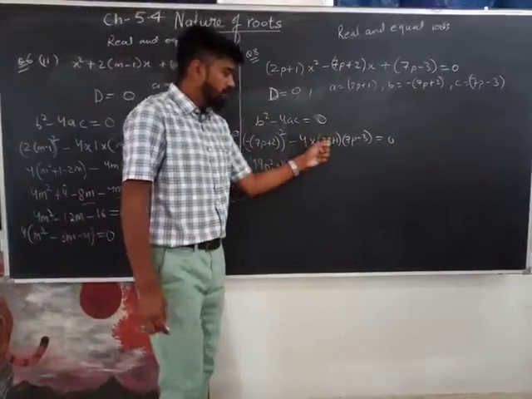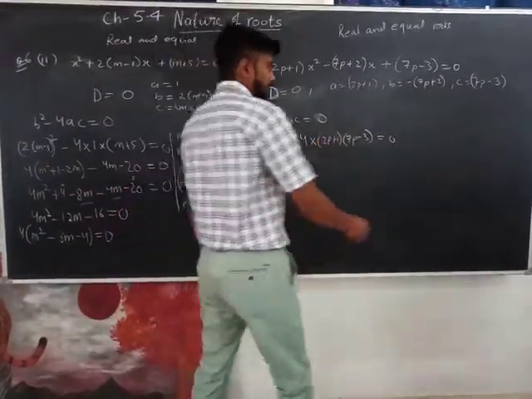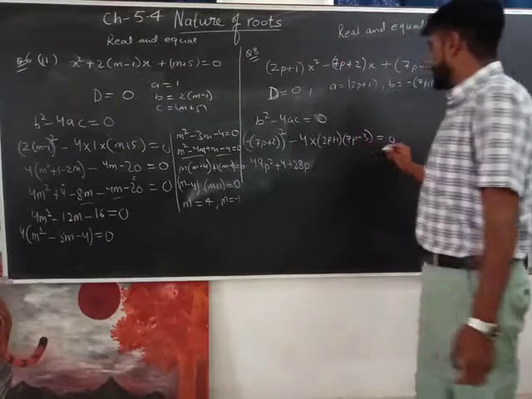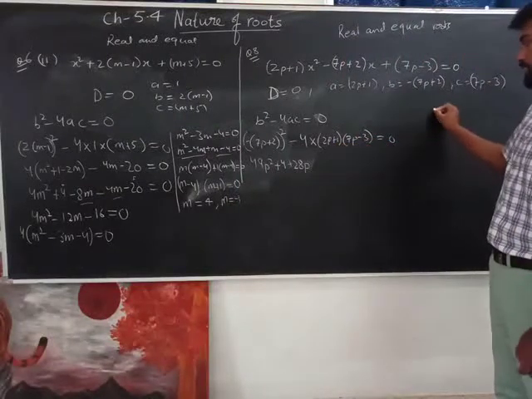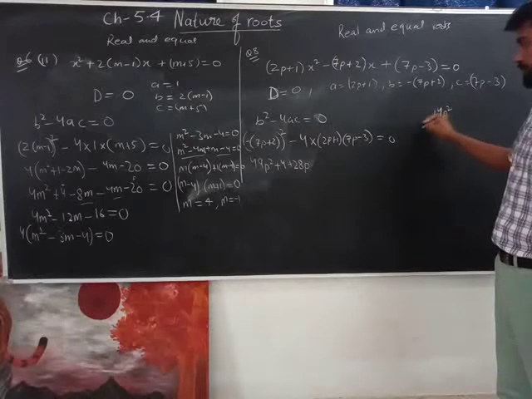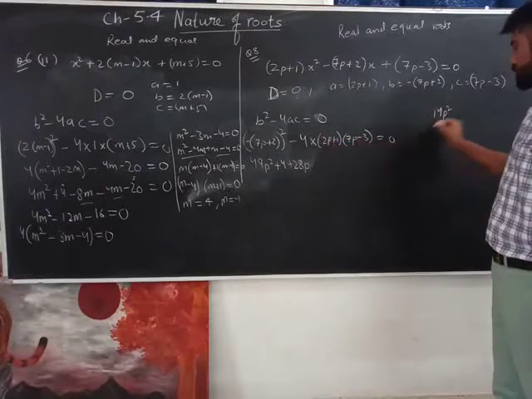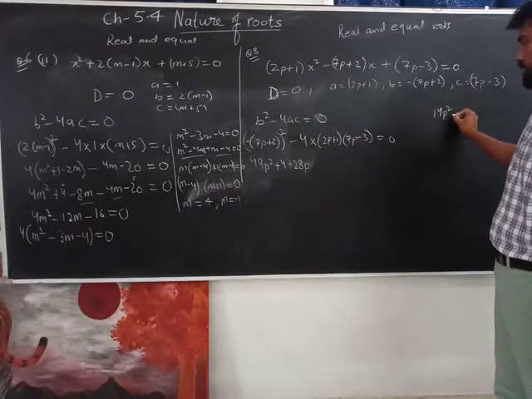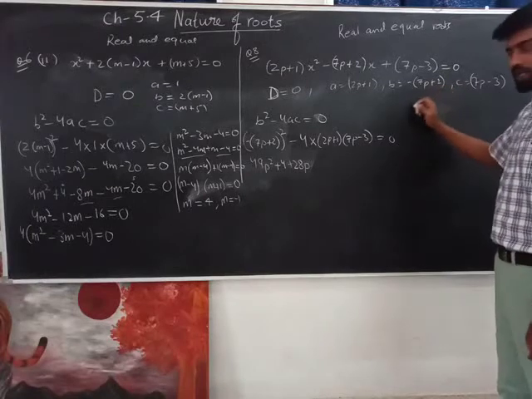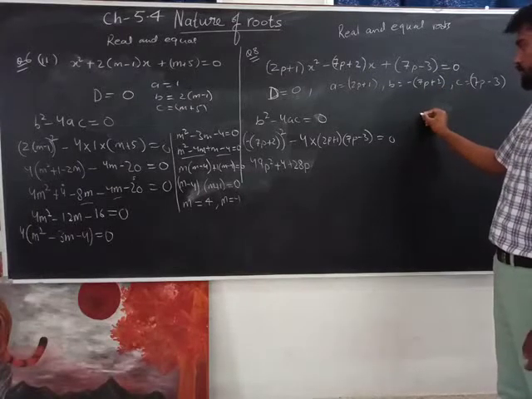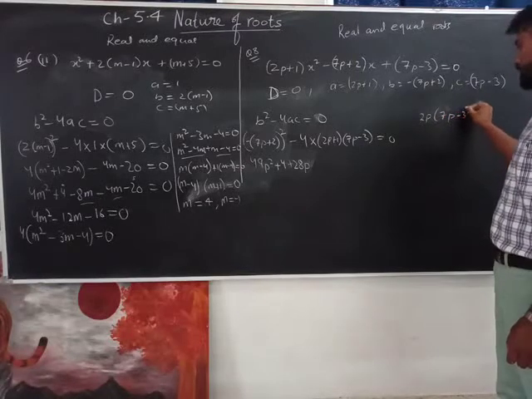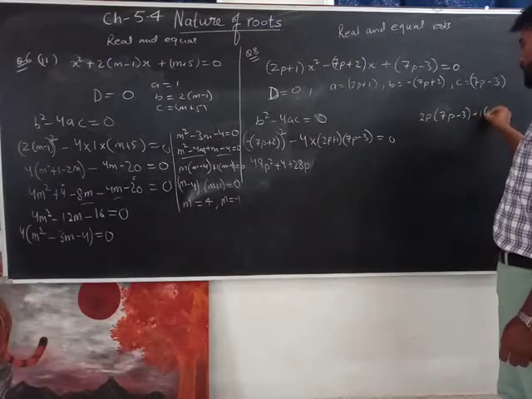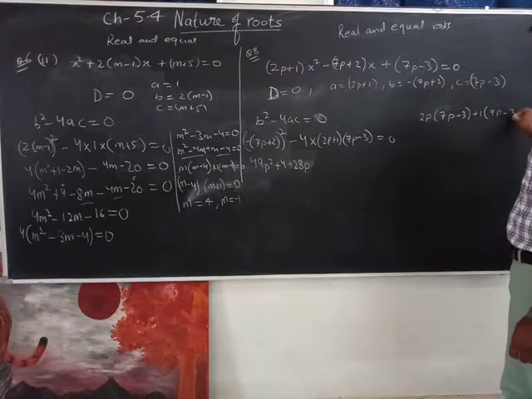Now what I'll do, I'll multiply both of these brackets. I'll multiply somewhere else, in half. So if I multiply both of these brackets, I'll be getting 14p square. You all know how to multiply, right? If you don't know, I'm just going to help you guys. 2p will multiply by 7p minus 3, and plus 1 will multiply by 7p minus 3.